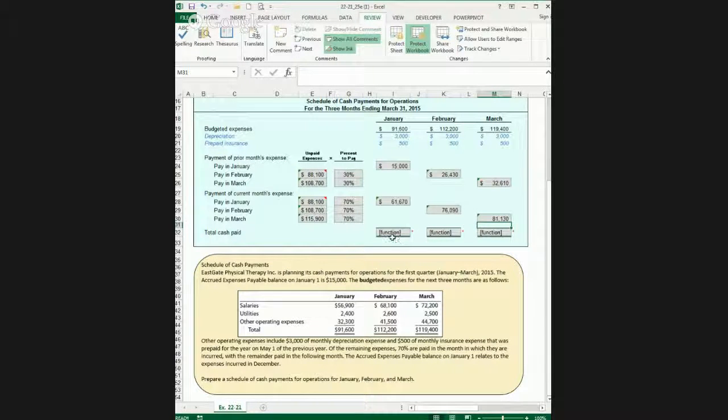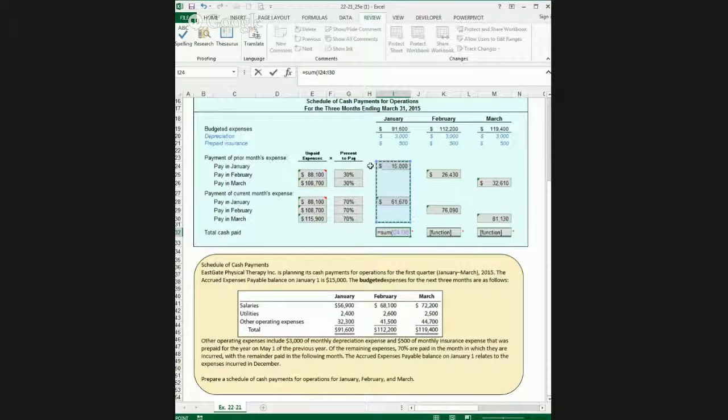At this point, what we want to do is to add all the cash payments that we have calculated, which is just the sum of the payment of the prior month's expenses paid this month and the payment of this month's expenses, the 70% that would be paid in the current month. So let's just prepare a sum function and add this entire column.